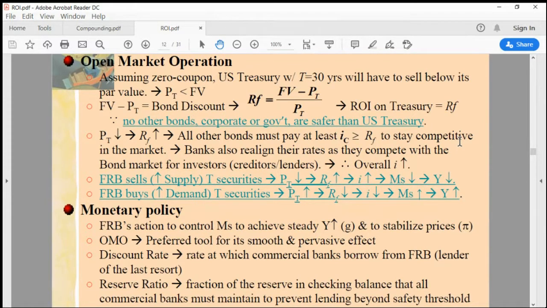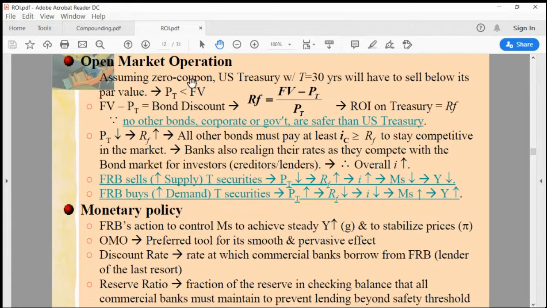But let's take a look at the mechanism. First of all, let's assume a zero coupon U.S. Treasury bond with 30 years to maturity. That means this is going to be a discount bond because it's a zero coupon bond and it matures in 30 years, and obviously it will have to sell below its par value.